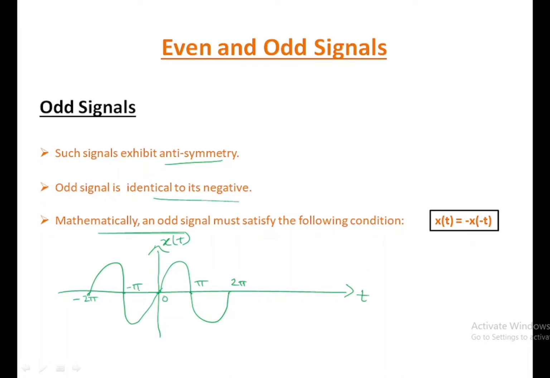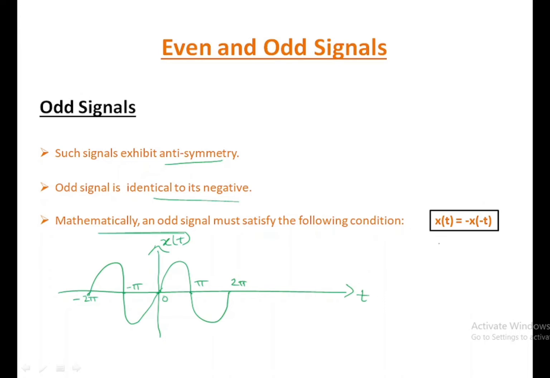Can you see that it is symmetrical about the origin? You can also say that odd signals are symmetrical about the origin or identical to their negative, meaning the portion which is above on the positive side of x of t has a similar portion on the negative side. That's why these are symmetrical about the origin.